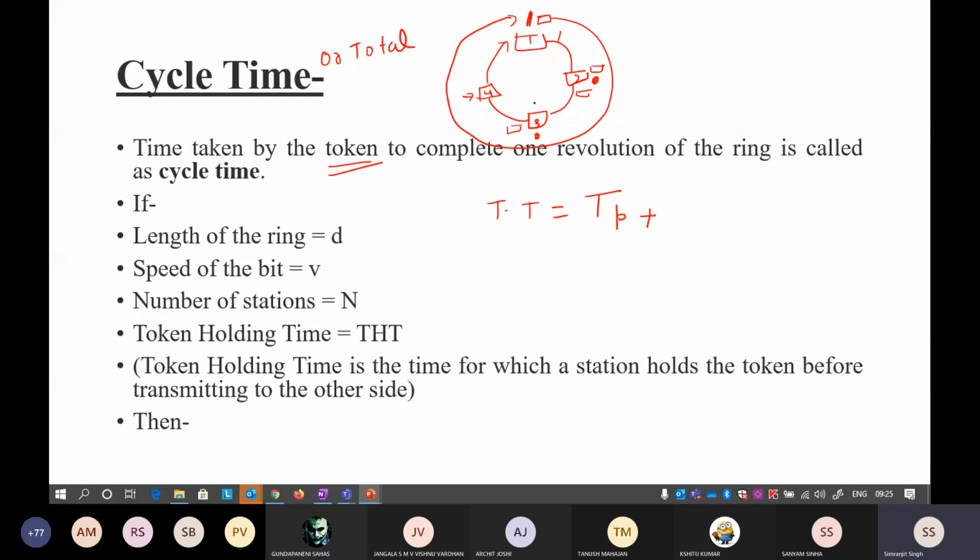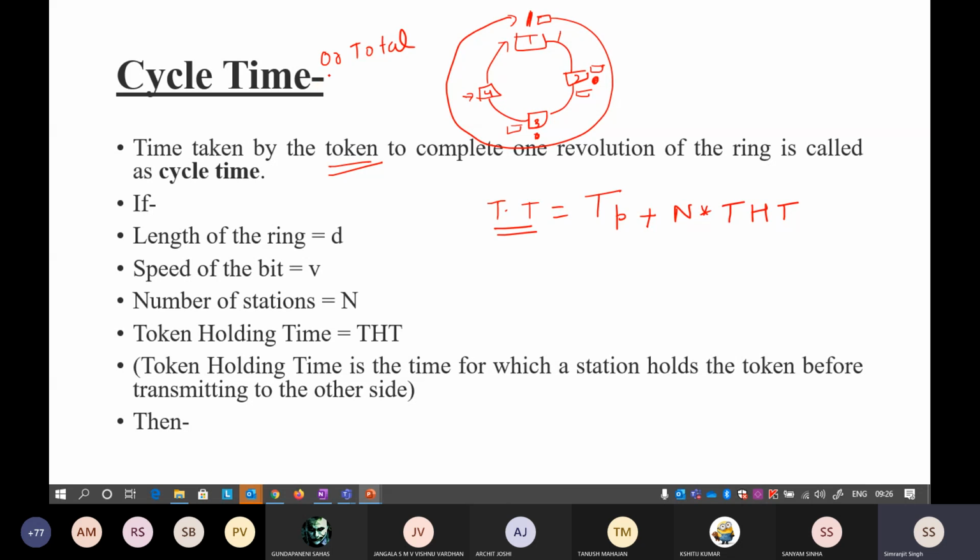Another one is that every station will hold this token, because in the previous case a bit is also held for some amount of time. So every station will hold this token, and this particular time is referred to as the token holding time. Every station holds the token for some amount of time, and that will be your total time or cycle time.